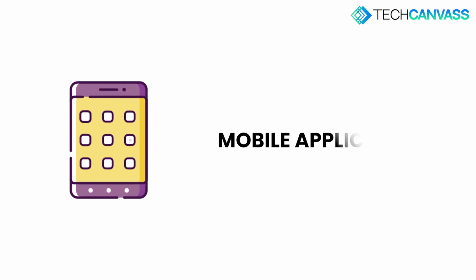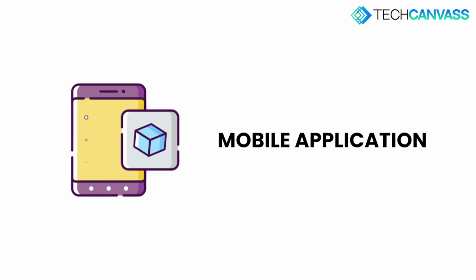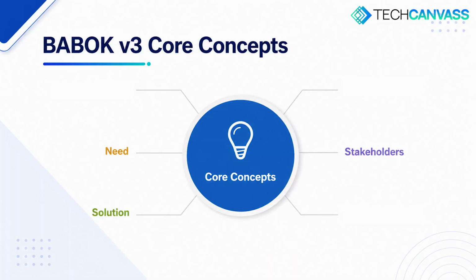Is it going to be a mobile application, or a combination of all three? So, what is the best way that this solution can deliver value to the client? Next is value. What is the expectation of the client from this particular solution? Is it worth it, and will they value this particular offering at all?